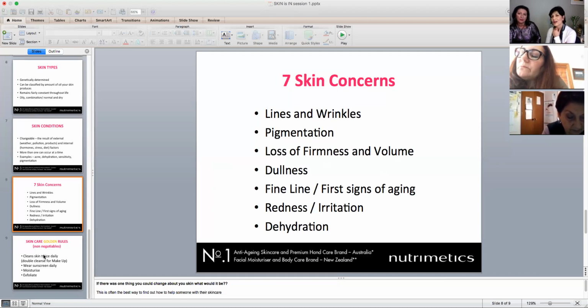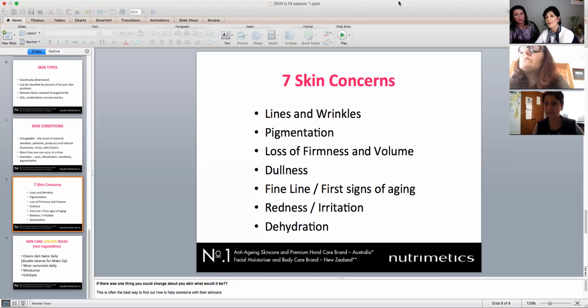It's asking questions and being able to have a look at their skin, because for a lot of mums particularly, who have been busy mothering and nurturing and doing all the things that you do as a mum, the last thing on their mind is looking after my skin.